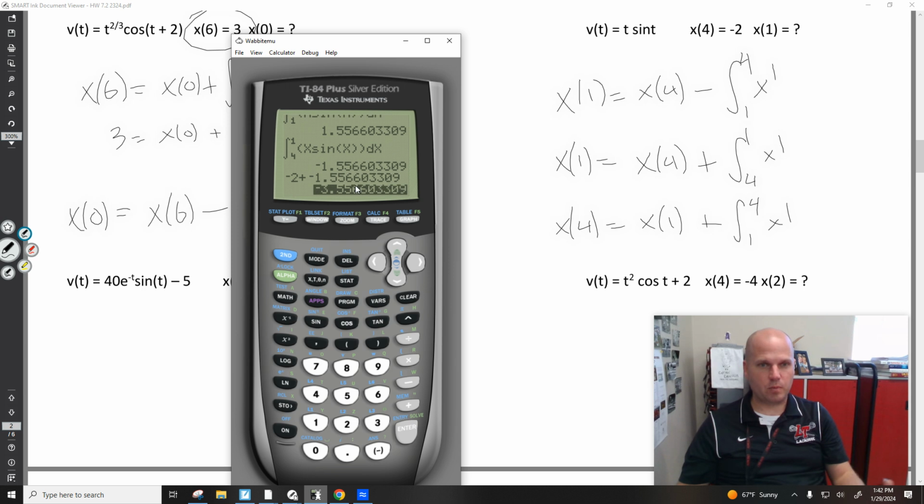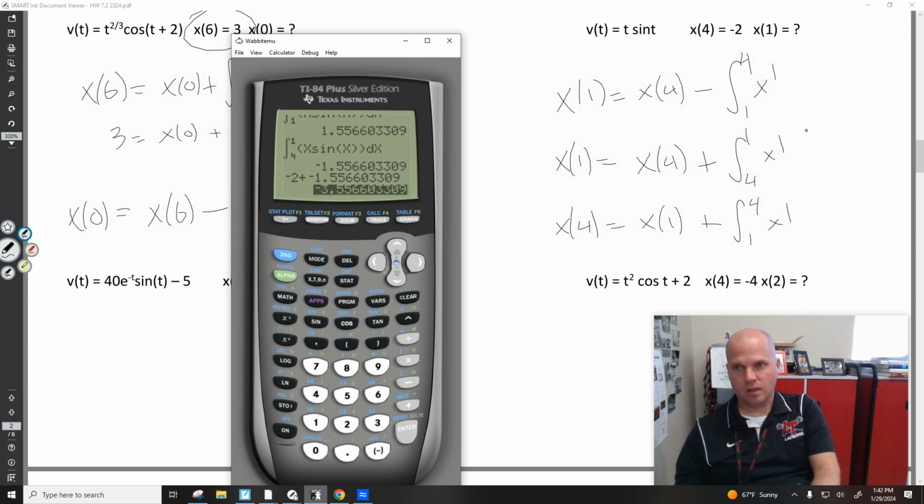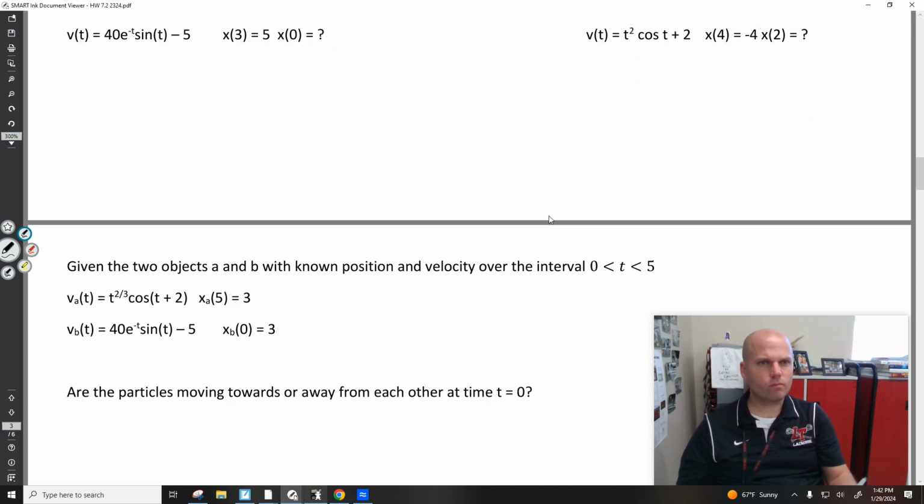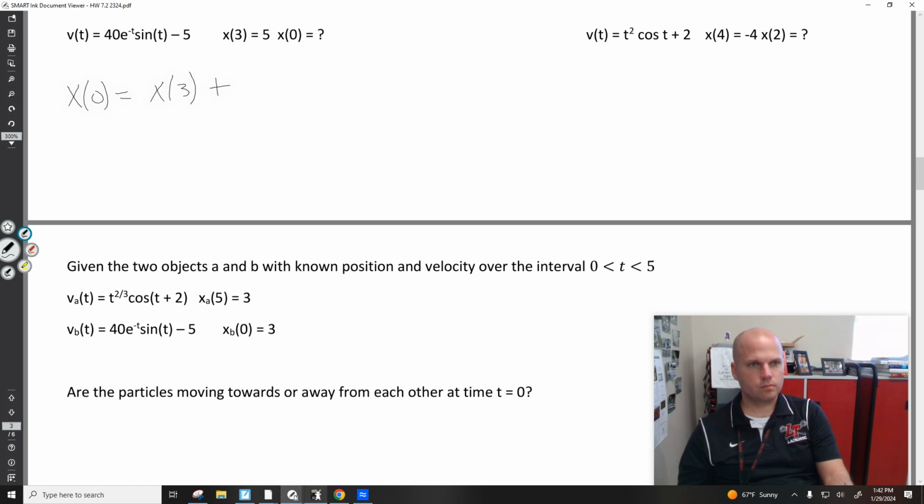I must be coming from a further negative position, -3.556. I'm just going to write the equations down, not do the calculations. Minus to go back in time.